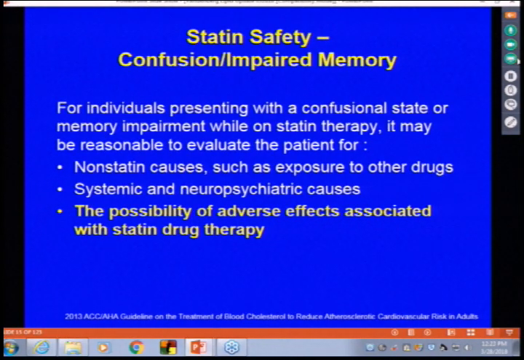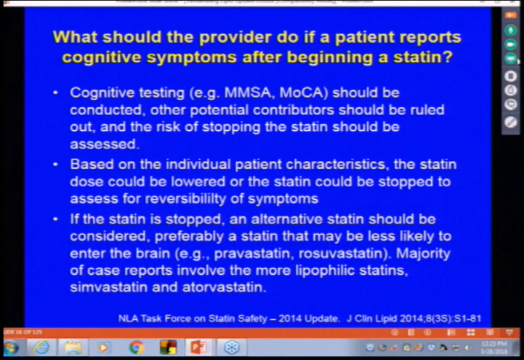Another labeling change on the statins, in addition to the diabetes issue, had to do with anecdotal reports of cognitive issues and the potential for patients complaining of maybe some more nonspecific confusion. So these are the recommendations. The task force was set up to look at this from the National Lipid Association.